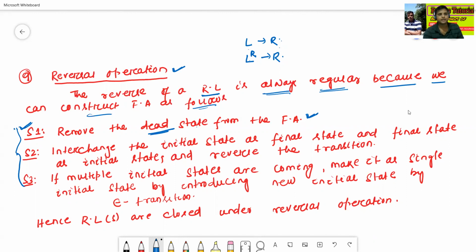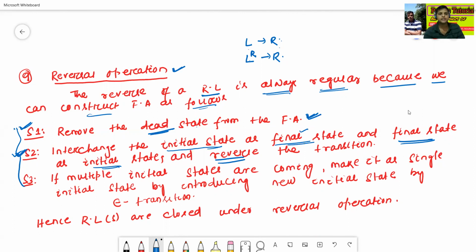The next step is to interchange the initial state as final state and the final state as initial state. This is the very important step. And reverse the transition.